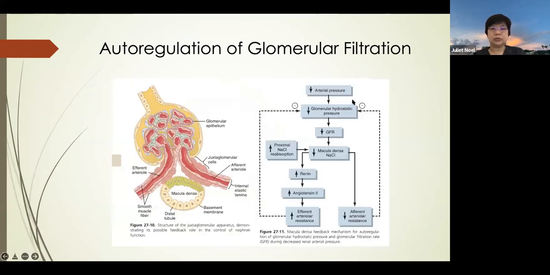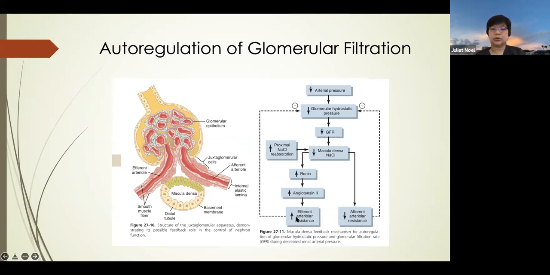Yeah, this is the summary. If you have a decreased arterial pressure, what would happen? You have a decreased hydrostatic pressure and decreased GFR, but this will be sensed by the macula densa, so it will stimulate increased proximal sodium chloride reabsorption, and it also will stimulate renin that will cause conversion of angiotensin 1 to angiotensin 2.